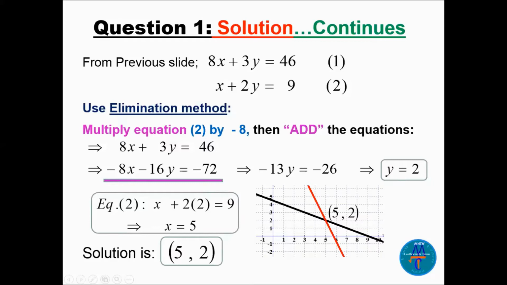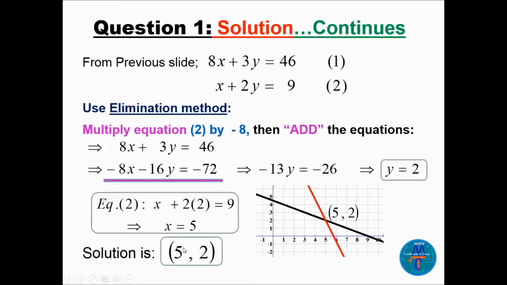Okay? So what's next? We have to get x. Take the easy equation, always take the easy equation, x plus 2y is equal to 9. So this is equation 2. Replace y with the value here, 2. 4, take it on the other side, becomes minus 4, so x will be 5. So we can say the solution is 5, 2.